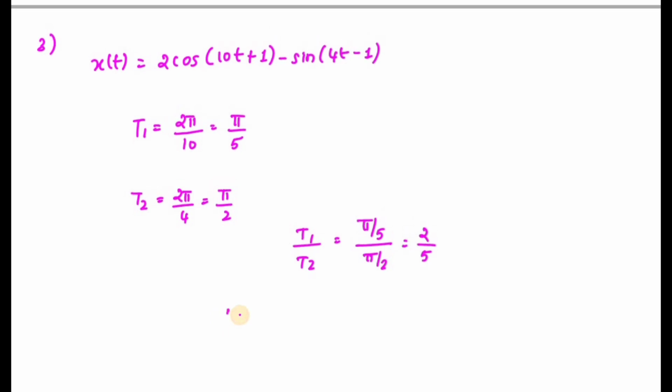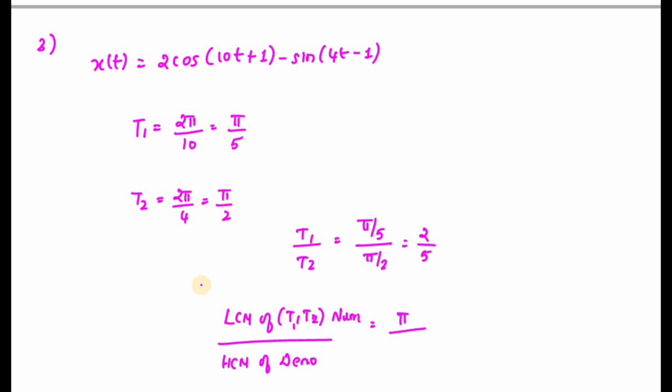So this I can write as, you have to take the LCM of the numerators of T1, T2, divided by the HCF of the denominators. The numerators are π and π, so the LCM is also π. This is how to find the fundamental period.